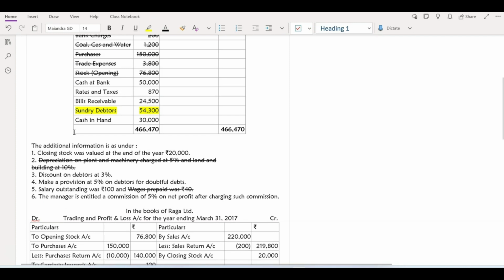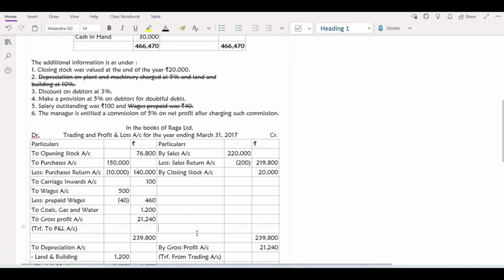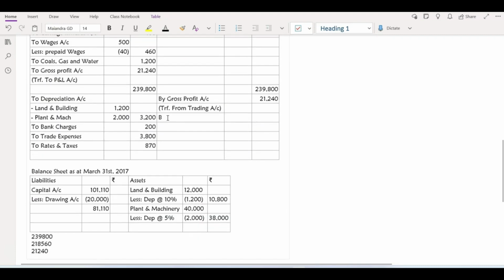After this, bills receivable. All right. Now we don't have many items left, but I need to make a big adjustment for the sundry debtors, and on the credit side I have two incomes left. So let's write discount and apprentice premium first, and then we'll move forward to the debtors.